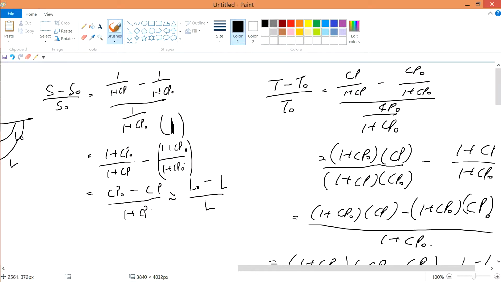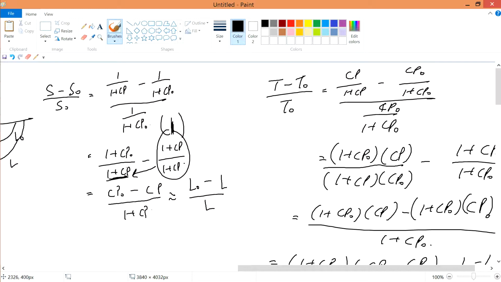Sorry, my fault. It should be 1 plus Cp over 1 plus Cp, because we're going to do addition and subtraction of fractions. We base it on this 1 plus Cp, because this one divided by this one is equal to 1, and 1 can be represented in any other form, such as 1 plus Cp over 1 plus Cp.